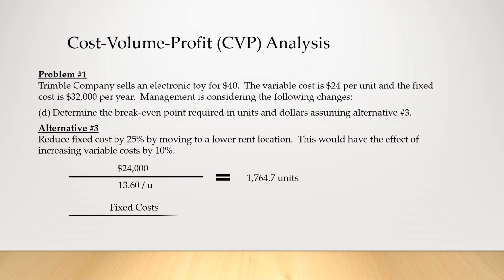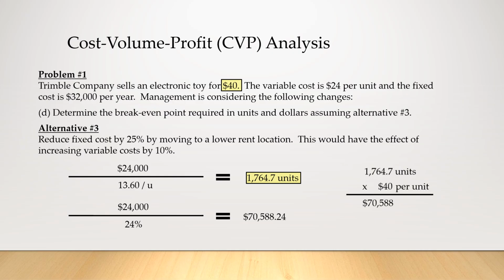Calculate the break-even point in sales dollars by dividing $24,000 by 40 minus 26.40 over 40, for a break-even point of $70,588.24. As in the previous example, multiply the break-even figure in units by the sales price to convert it into dollars.